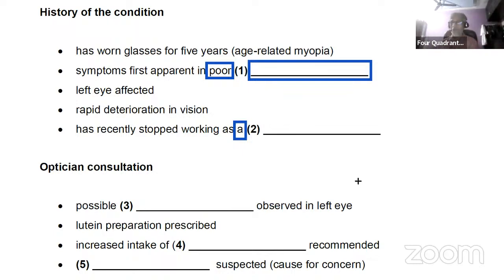You can get a noun, or you can get an adjective and a noun. For example, stopped working as a doctor, government doctor, as a general physician. So like that, an adjective may come and also a noun may come.